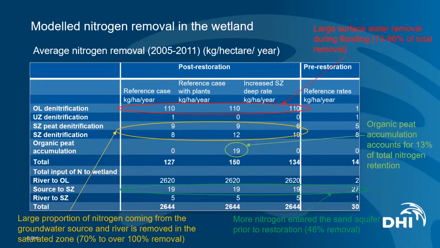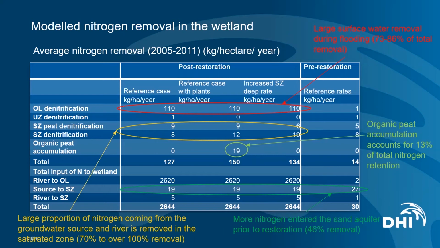And we also looked at the nitrate processes modeling, as I showed earlier, and there's a lot going on here. So let me just take you quietly through this. The first thing to note is that on the right, we have the pre-restoration case. These are the nitrate behaviors in kilograms per hectare per year. And then in the middle, we have different cases of post-restoration. But I think just focus on the left-hand side where we have the reference case.